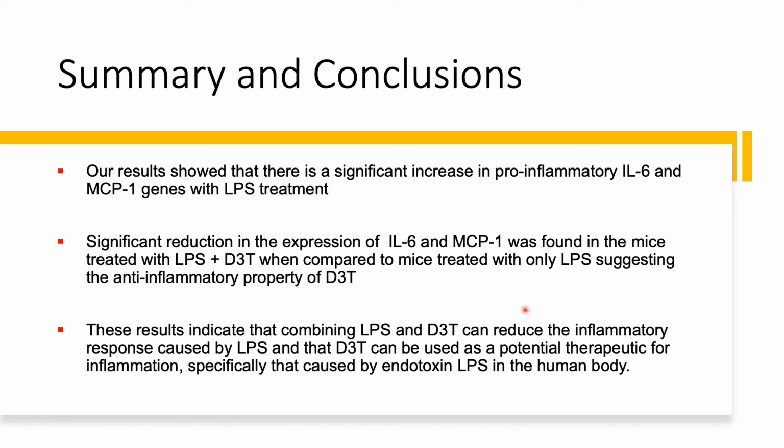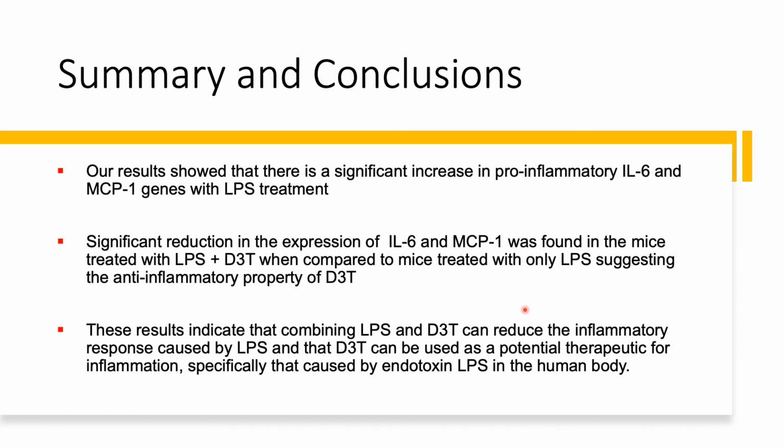So our results show that there is significant increase in pro-inflammatory IL-6 and MCP1 genes with LPS treatment, and there's a significant reduction in the expression of IL-6 and MCP1 in the mice that are treated with LPS and D3T when compared to mice treated with only LPS, which suggests the anti-inflammatory properties of D3T.